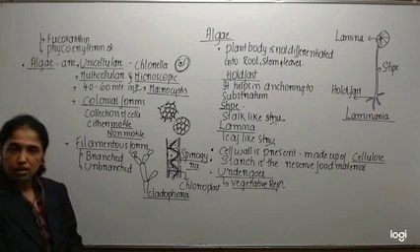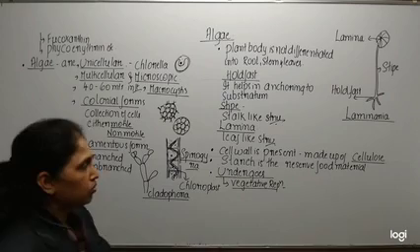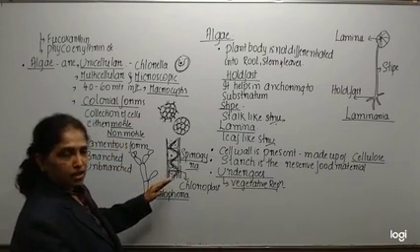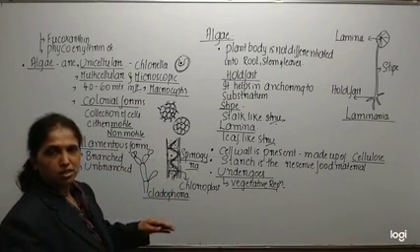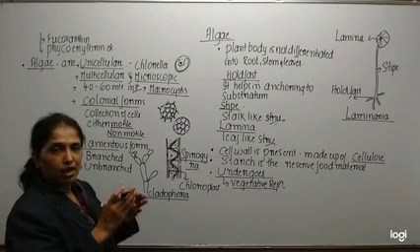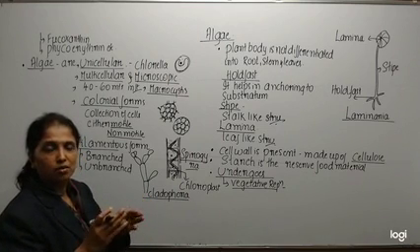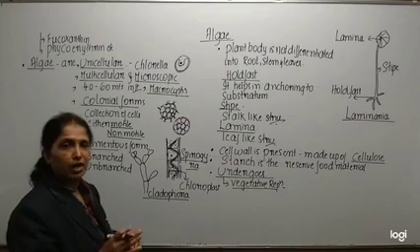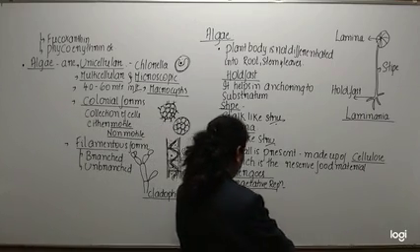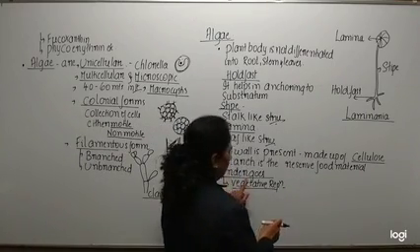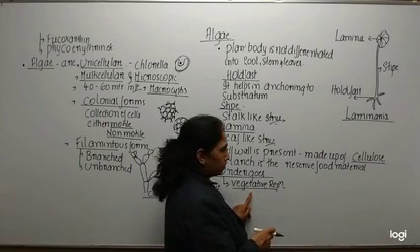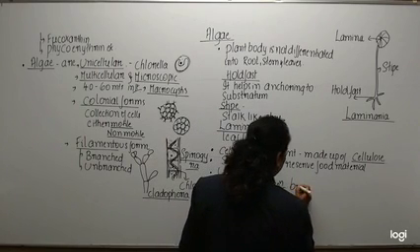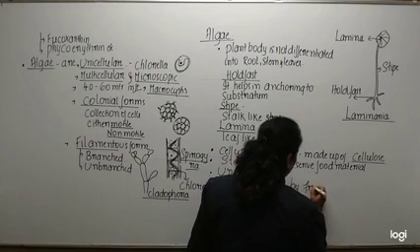Now, when it comes to vegetative reproduction, these uniseriate filaments break accidentally and divide into smaller pieces. They are called fragments. And these fragments undergo vegetative reproduction, by means of fragmentation.